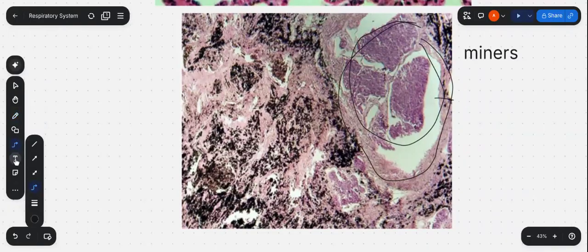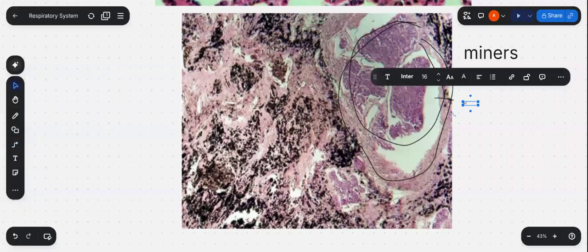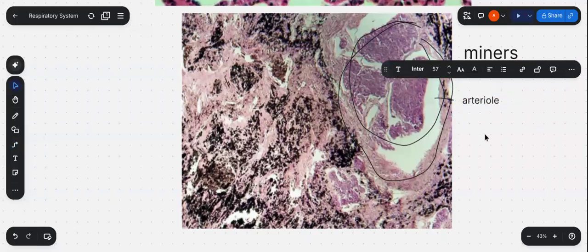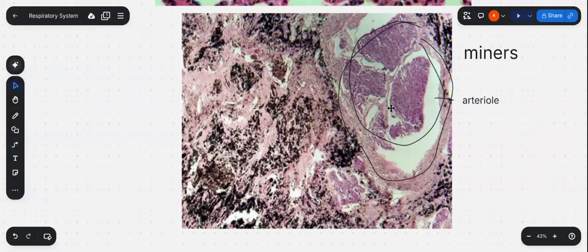Basically, these are structures that help to bring blood to the lungs, and the red blood cells on the inside are kind of the giveaway that it's an arteriole. If it was a bronchiole, it would look exactly the same with this light pink, thick outside area. You just wouldn't have this dark purple inside.